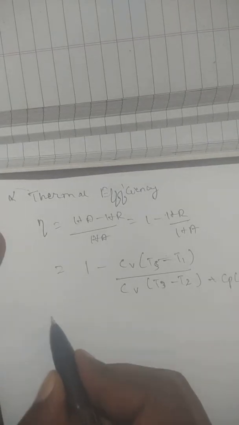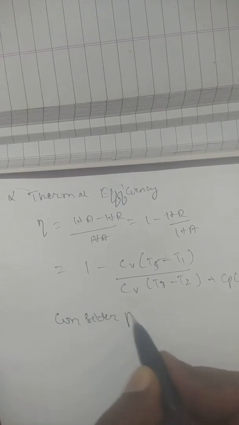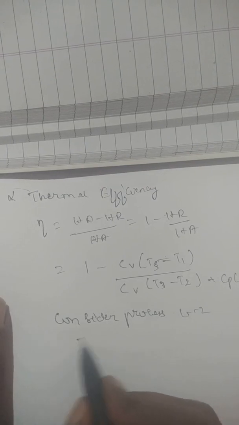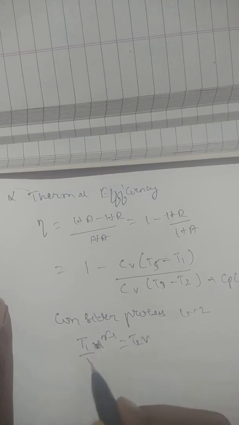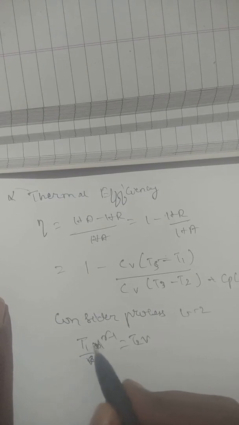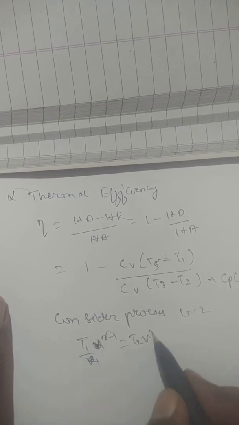Now considering process 1 to 2, you know very well, you can write like this: T1 V1 to the power gamma minus 1 equals T2 V2 to the power gamma minus 1.